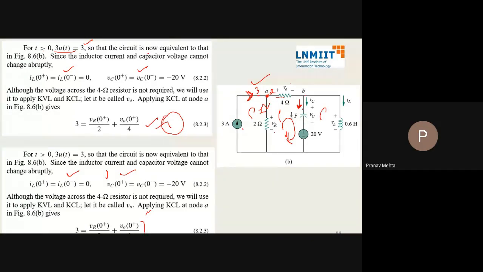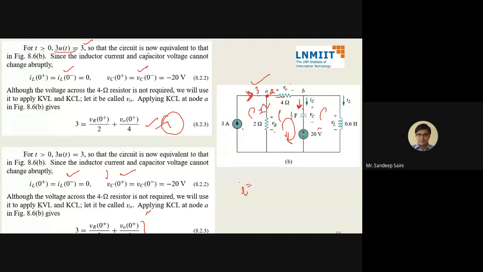What is the problem? Tell me. I is equal to C dV by dt, and the voltage has just started changing. How will something change if you are putting a force on it? Let me tell you.